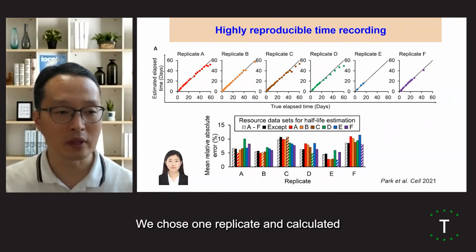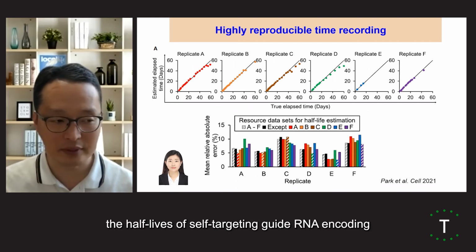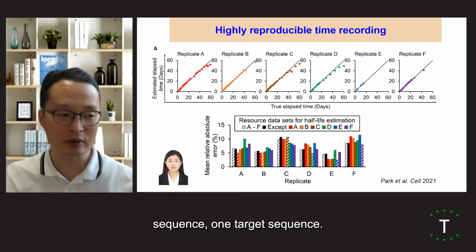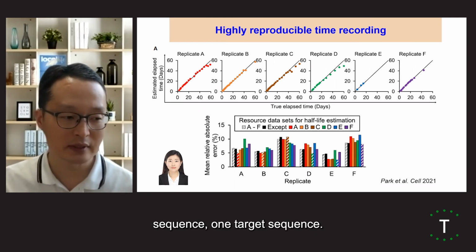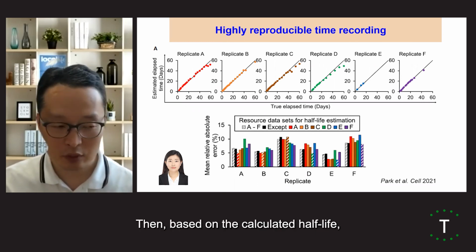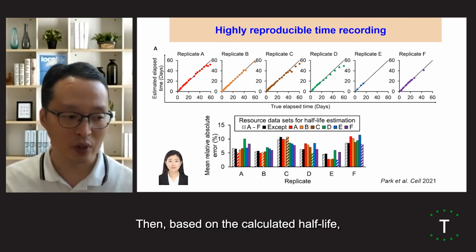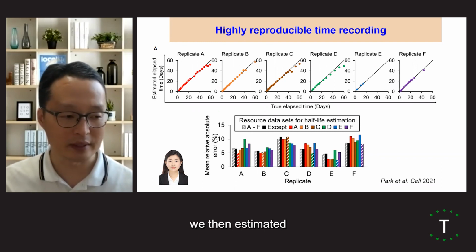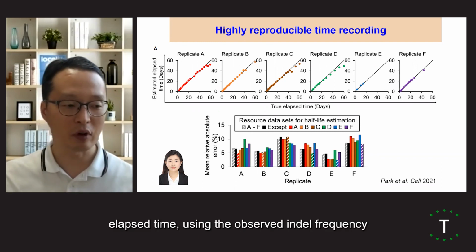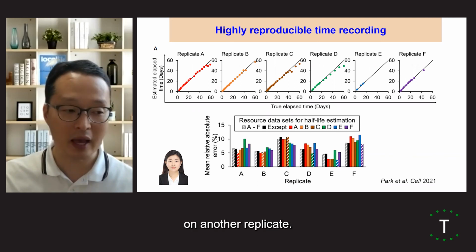We chose one replicate and calculated the half-lives of self-targeting guide encoding sequences, or target sequences. Then based on the calculated half-life, we estimated elapsed time using the observed indel frequency in another replicate.